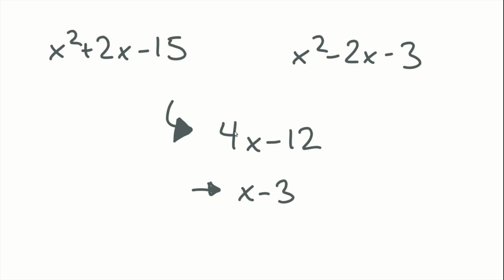And if you subtract these, you get 4x minus 12, which is like x minus 3, and x minus 3 is the greatest common factor of these two polynomials. Because this is x minus 3 times x plus 5, and this is x minus 3 times x plus 1. But factoring polynomials is hard and annoying, and to find the greatest common factor, you don't need to factor the polynomials. You can just subtract them in this case, and then you get the greatest common factor. And I think that's really nice.